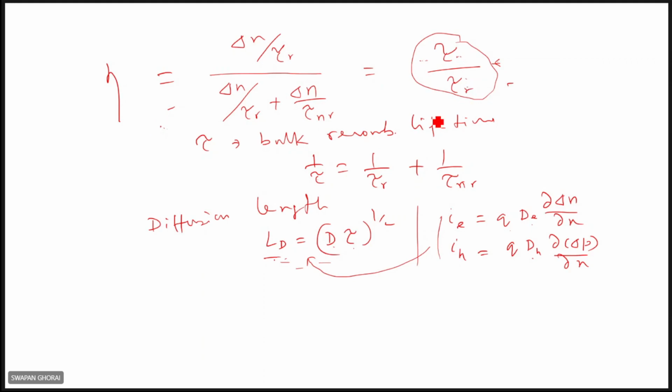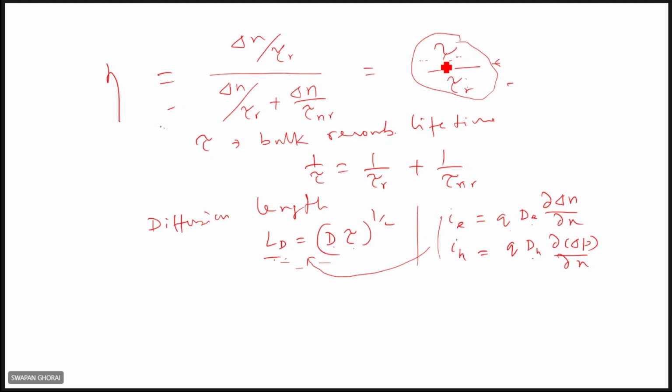If you see this, eta will be high if tau r is reduced. But in tau, tau nr is also there. So we will see the effective carrier lifetime, and it is generally reduced by some factors.